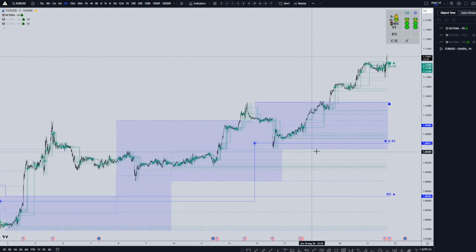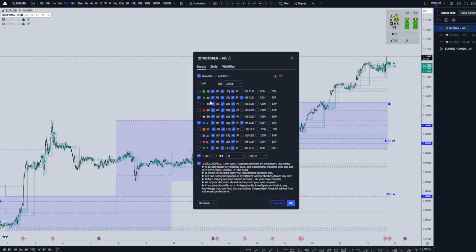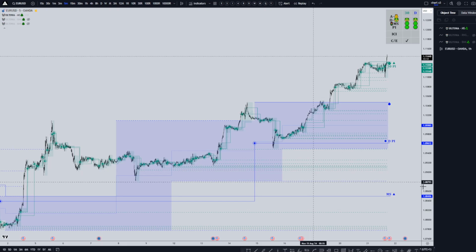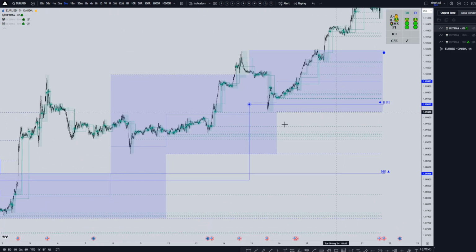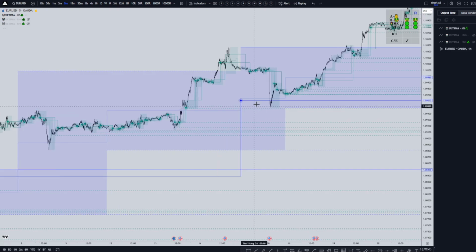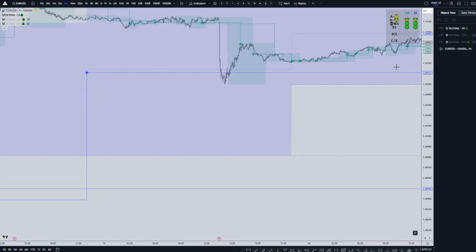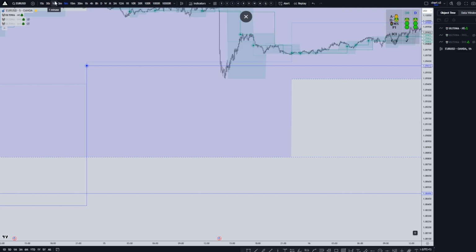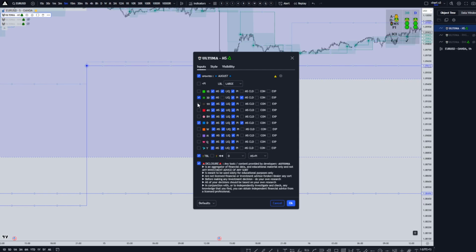Okay, maybe let's get rid of that liquidity for now on 30 minutes. Actually go 1 minute to be way cleaner. Actually, let's just use hourly just for example.